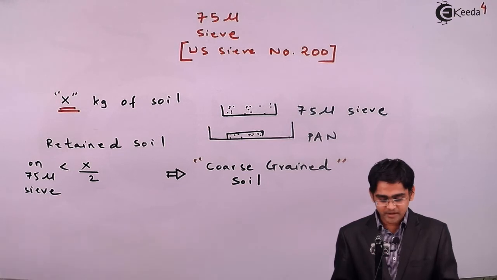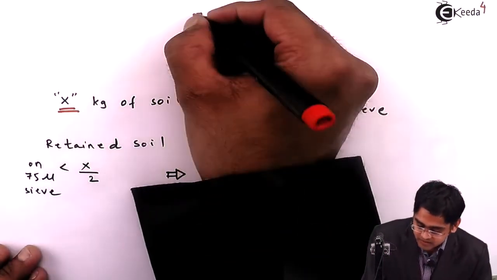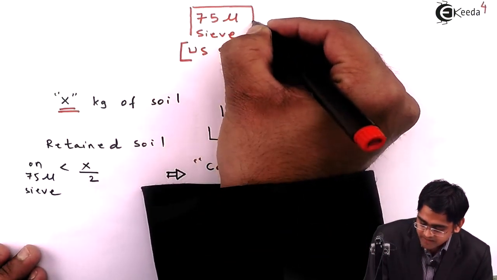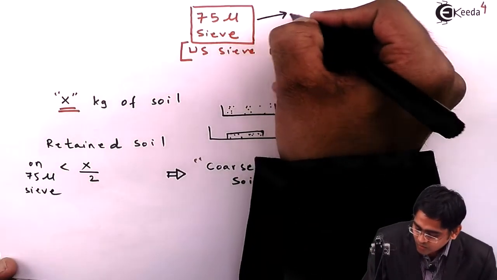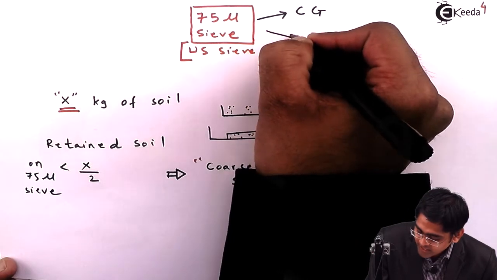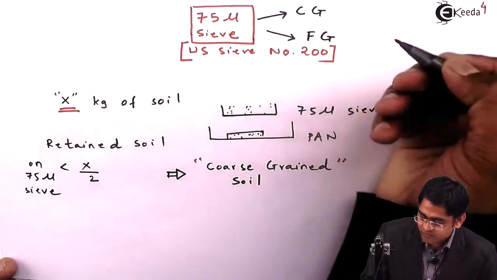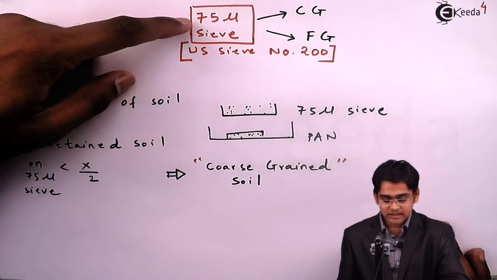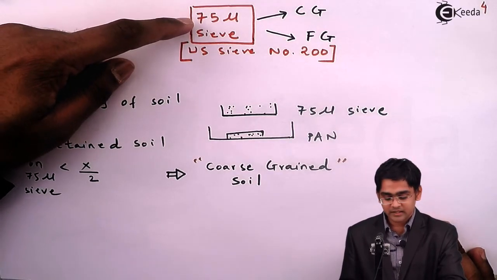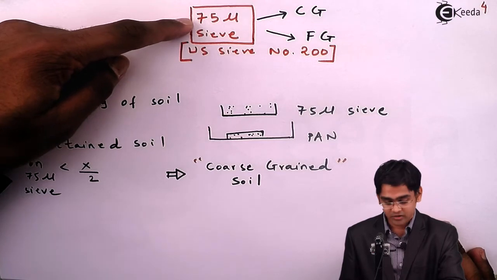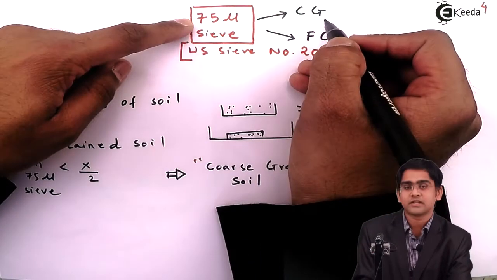So remember, the 75 micron sieve is very, very important in order to classify a soil as coarse-grained or fine-grained. If more than 50% of a soil is greater than 75 micron, then we call it coarse-grained soil.